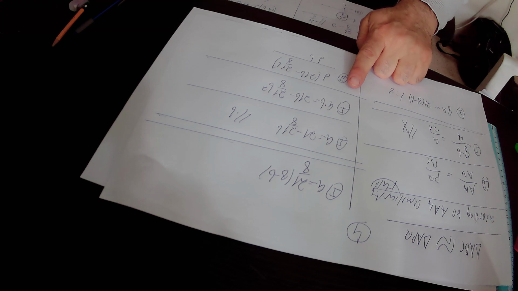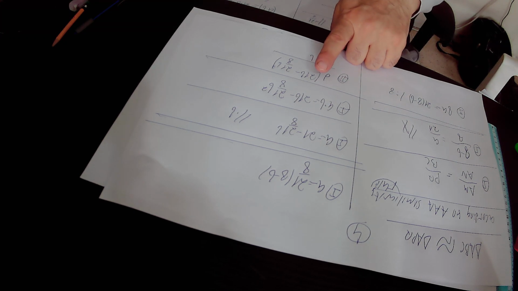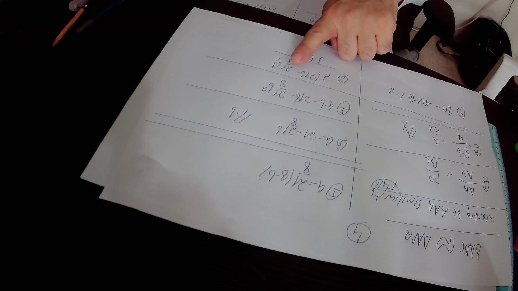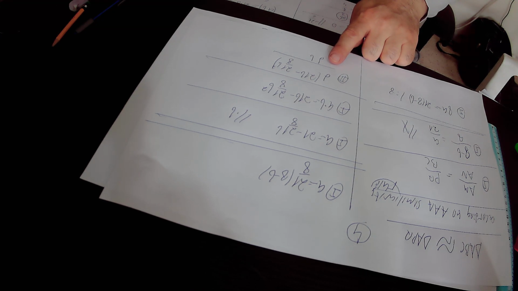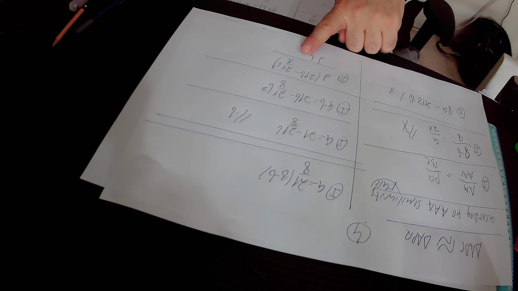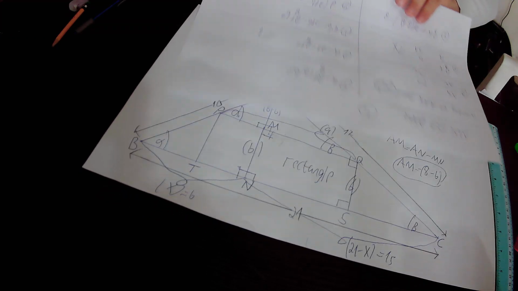So we have to take the derivative of 21b minus 21b squared over 8, that is the area function of this rectangle PQST.